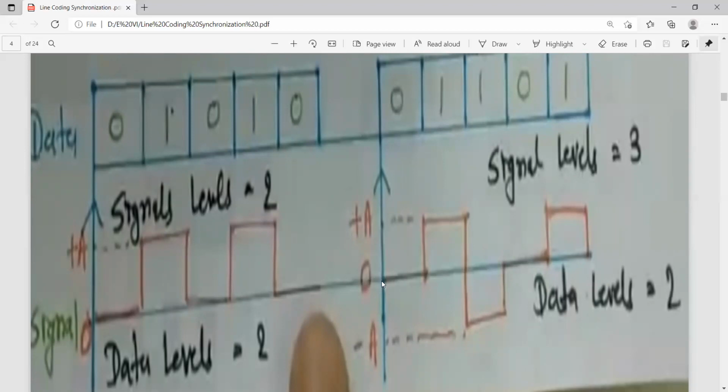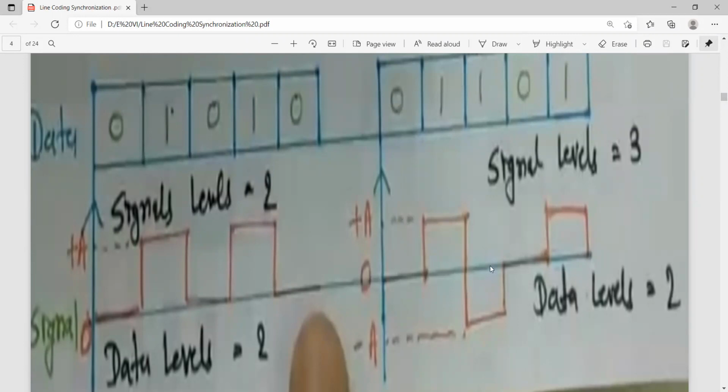One is the 0 level, next is the plus amplitude, maybe plus 5 volts, and minus 5 volts, sometimes called plus VCC and minus VCC. So the signal consists of 3 different levels, whereas the data consists of only 2 levels, 0 and 1.